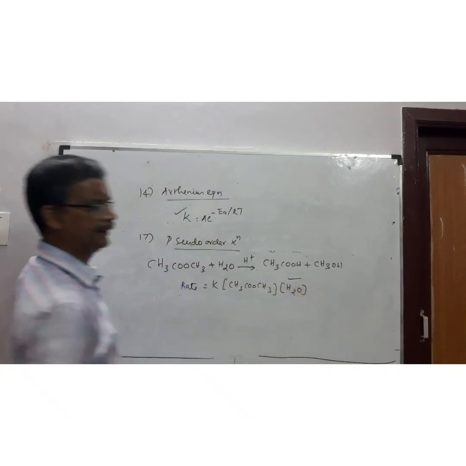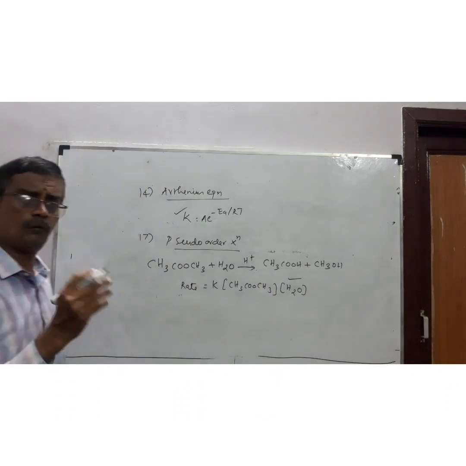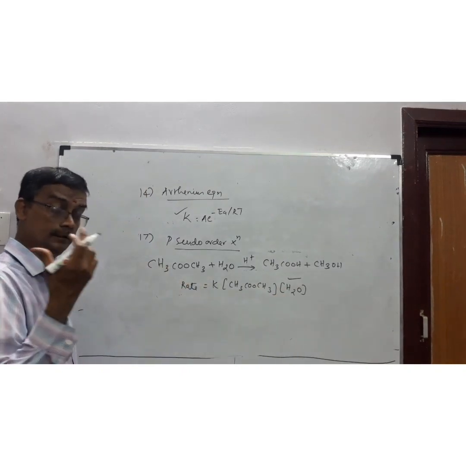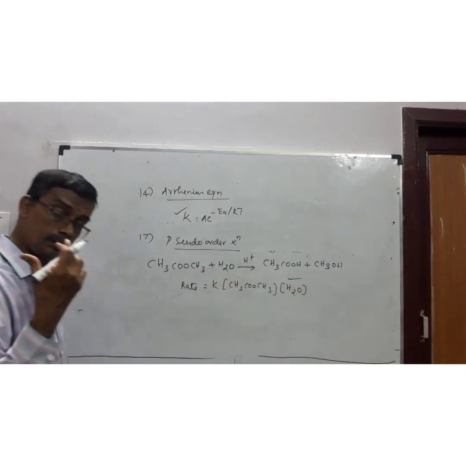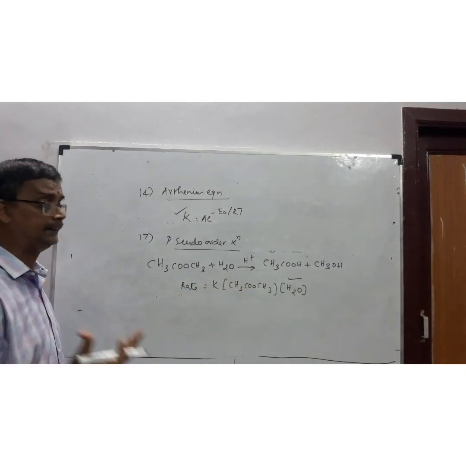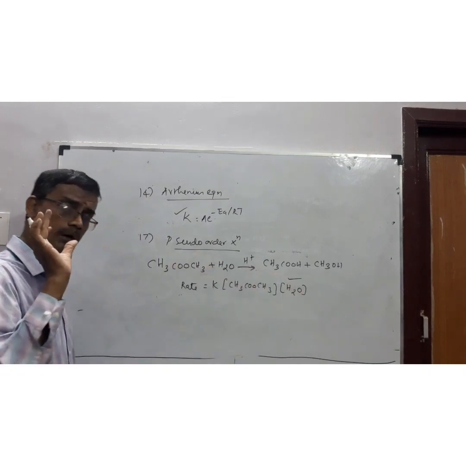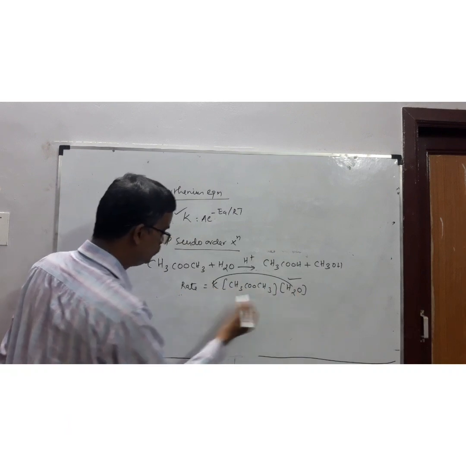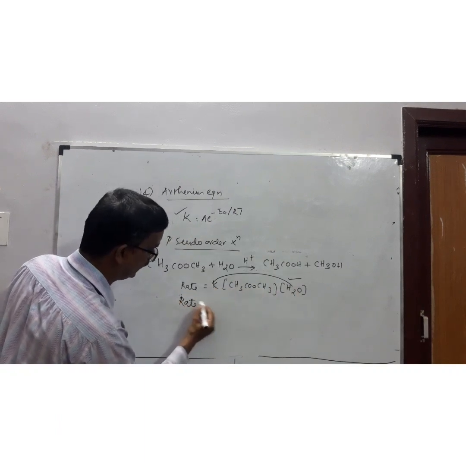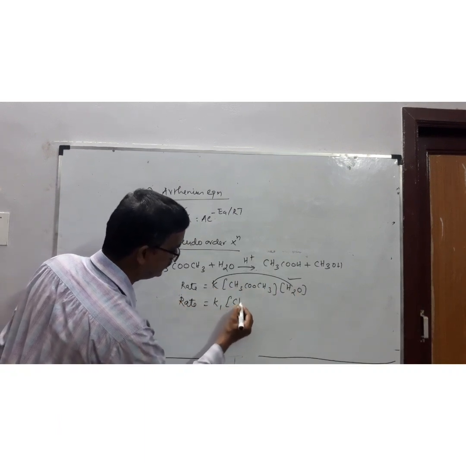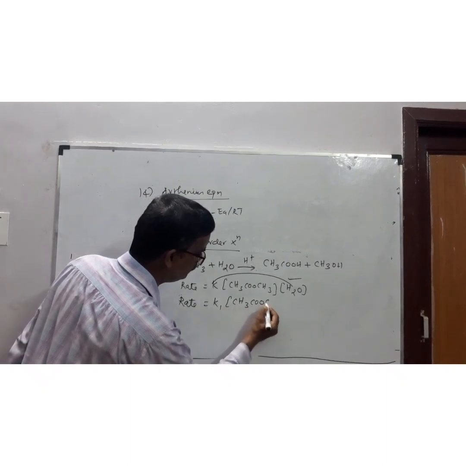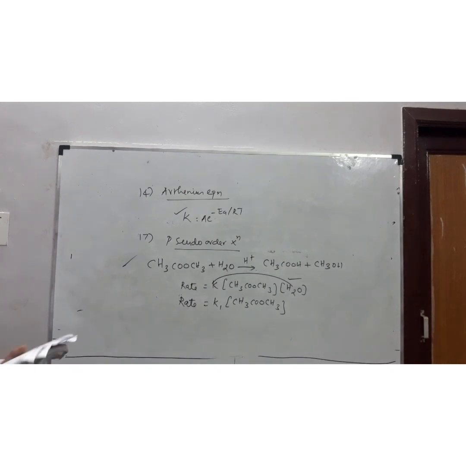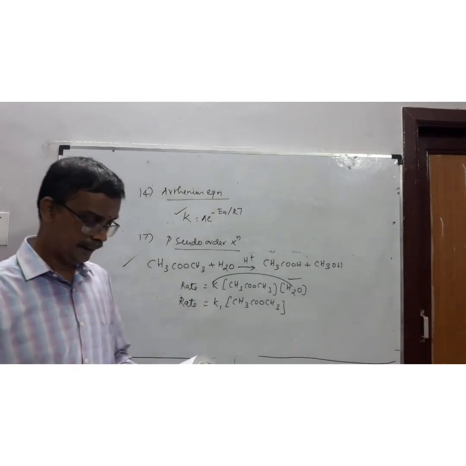Since water is taken in large amount, the concentration of water is almost constant, with no appreciable change. So by merging k and H2O, we introduce a new constant k dash. Rate equals k dash into CH3COOCH3. Okay, this is an important question. Pseudo first order. Next question.